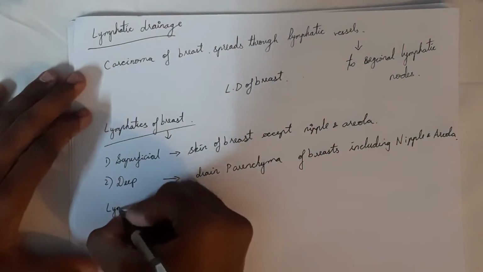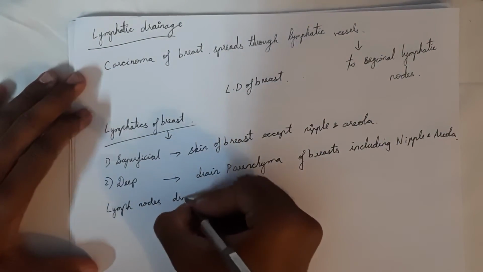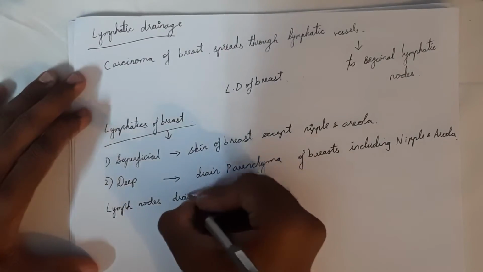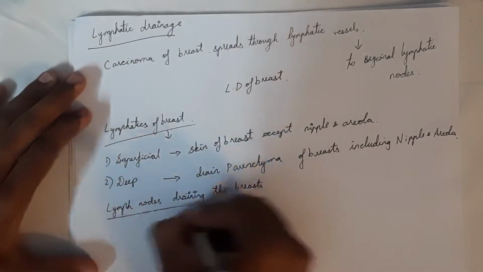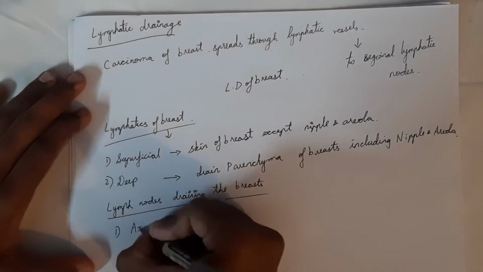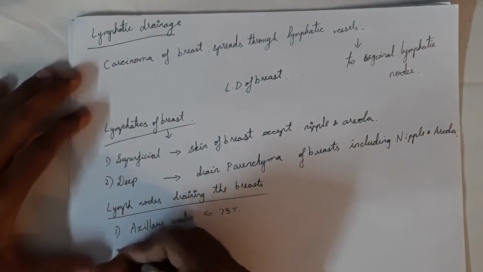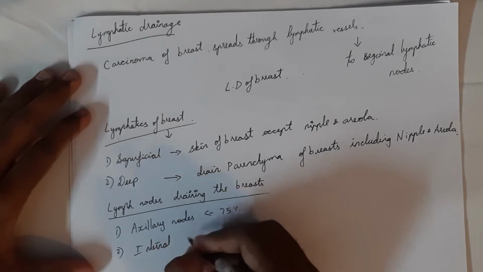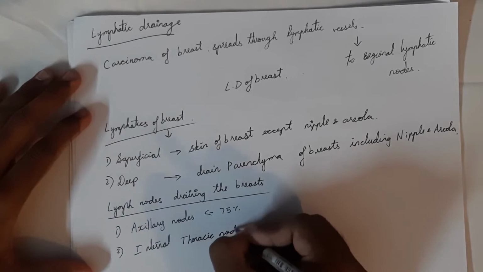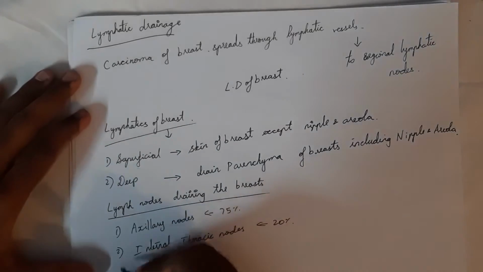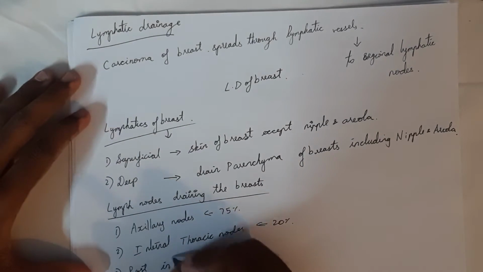Lymph nodes draining the breast are the axillary nodes, which drain 75% of the lymphatics from the breast, the internal thoracic nodes, which drain 20%, and the posterior intercostal nodes, which drain the rest.